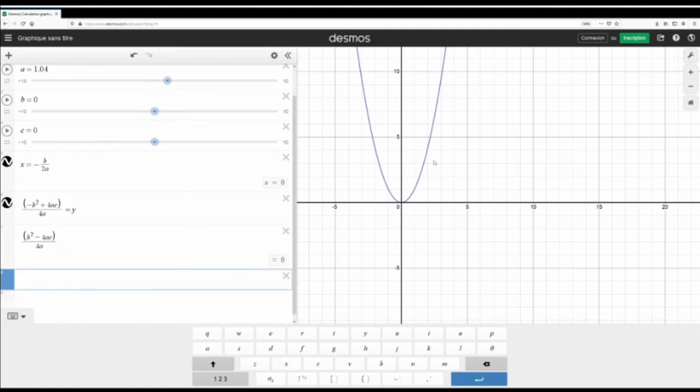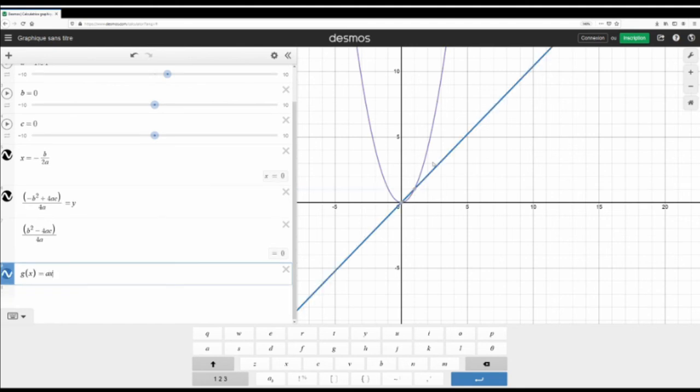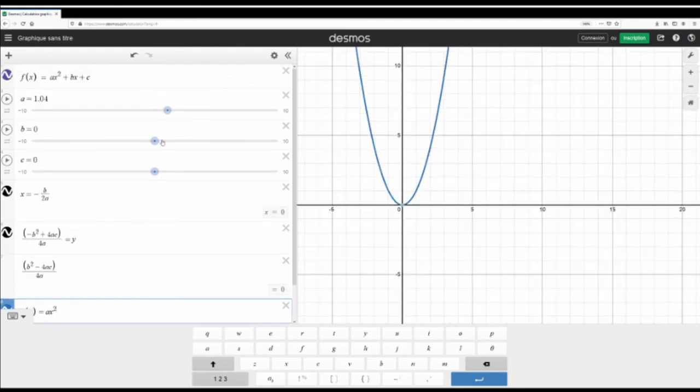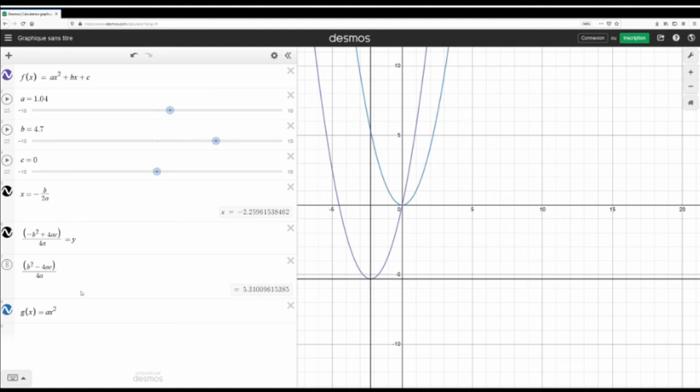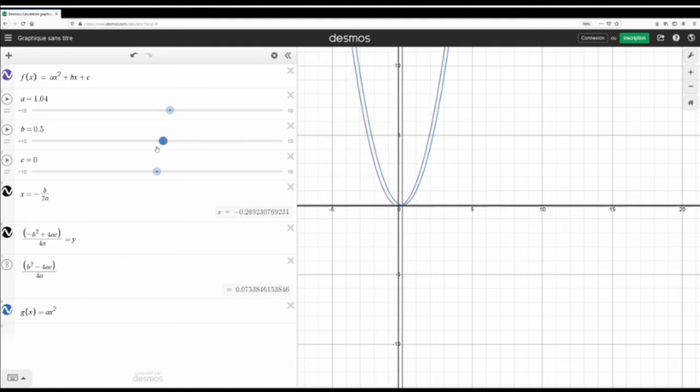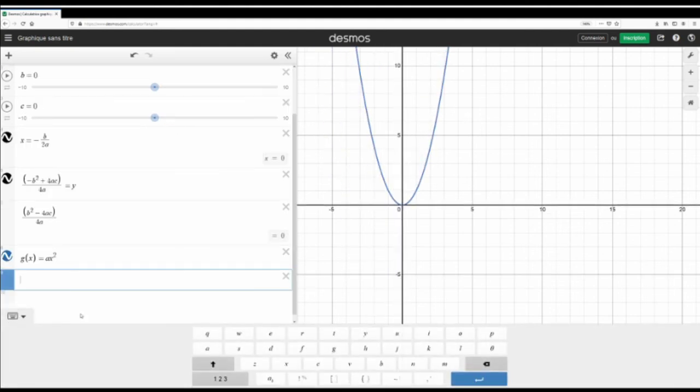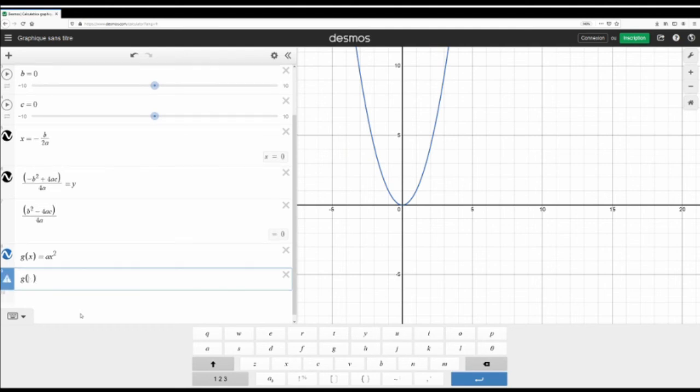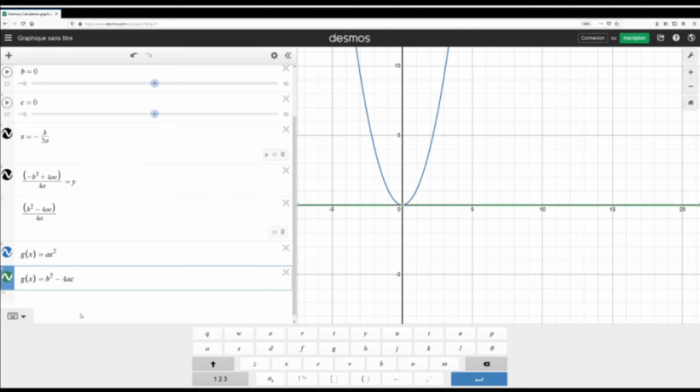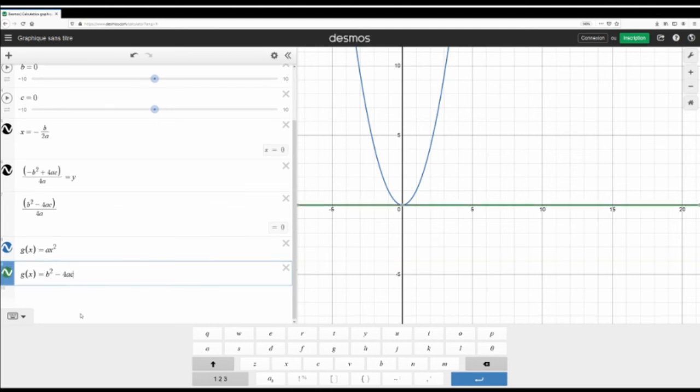So my new parabola here is just g of x equals ax squared. And it's doing the same thing, but if I move the other one, see, this one doesn't move. So that's going to be our new quadratic that we're looking at. And so I want to set g of x equal to b squared minus 4ac over 4a. Oh, let's be careful here.